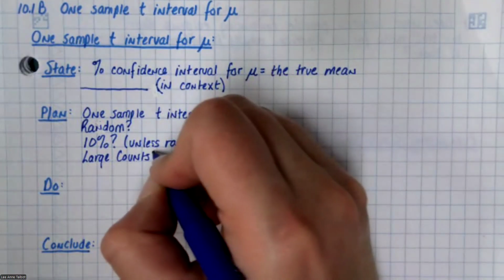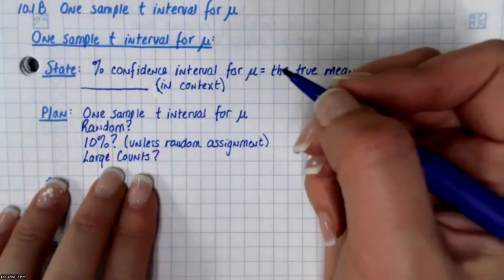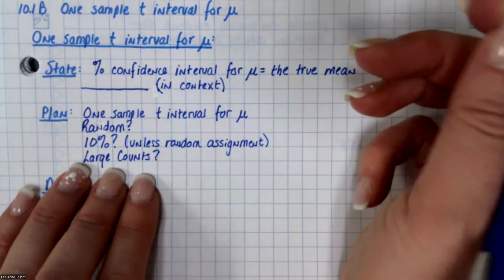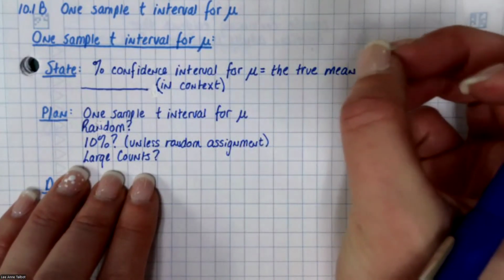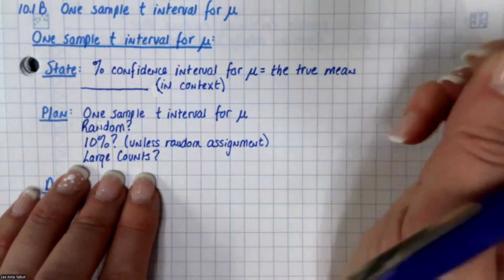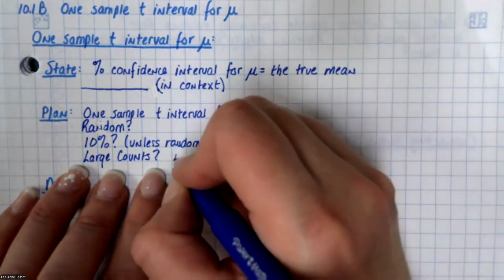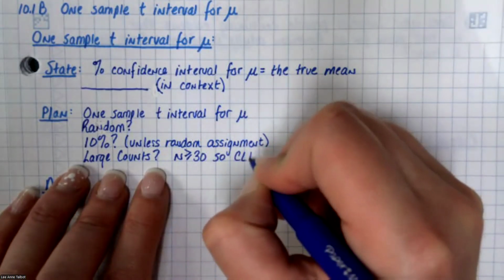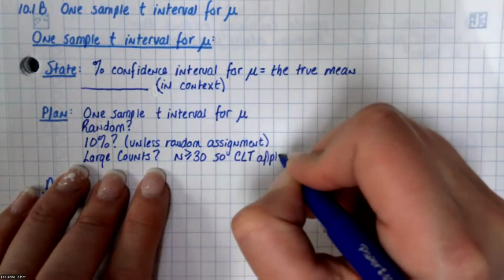Okay. Great job. So you answered my next question. Large counts is not going to be n times p is greater than or equal to 10, and n times 1 minus p is greater than or equal to 10, because there's no p's. So you have n is greater than or equal to 30. So CLT applies.